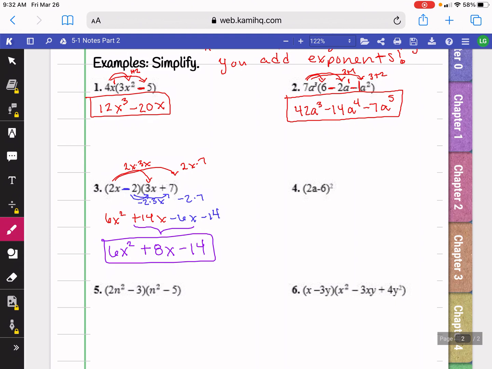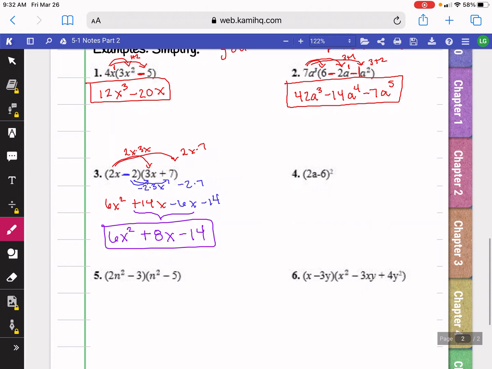Now in question 4, this one's a little different. They're writing it squared. Well, to square something means to multiply it times itself. It's like if you had 3 squared, you'd really be doing 3 times 3.